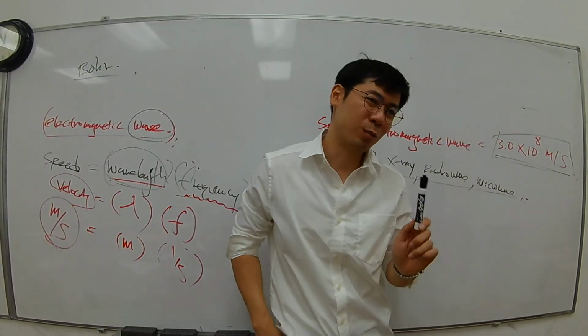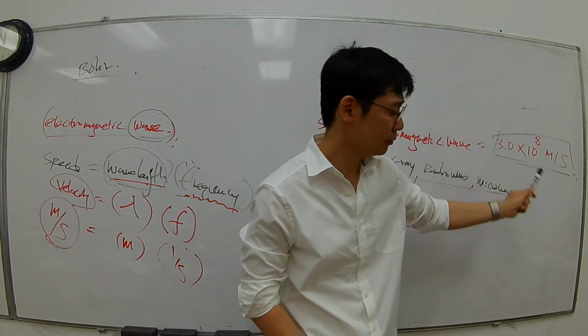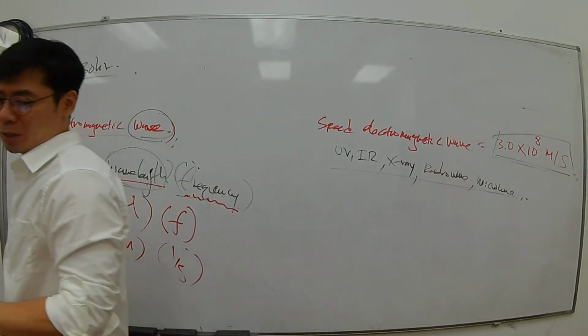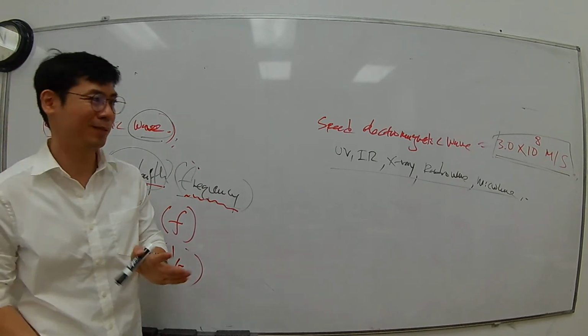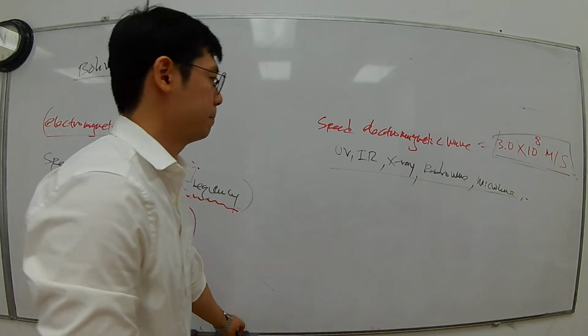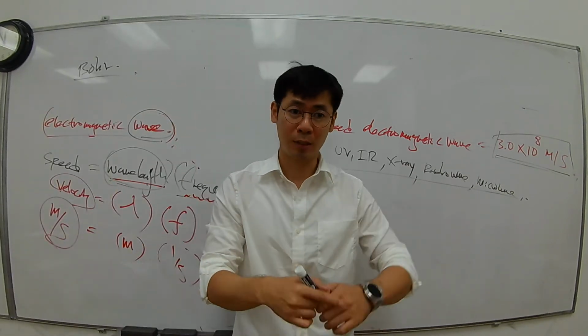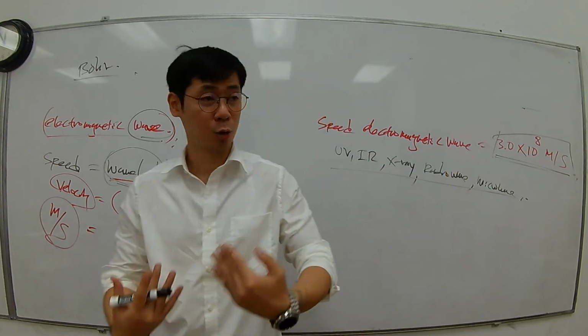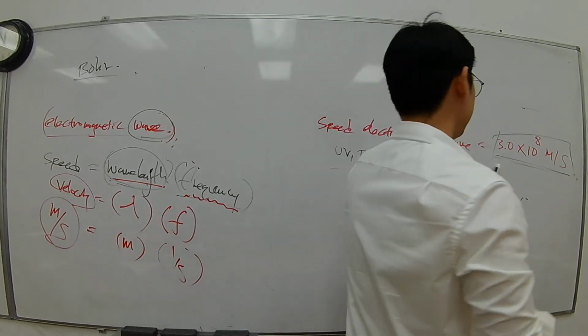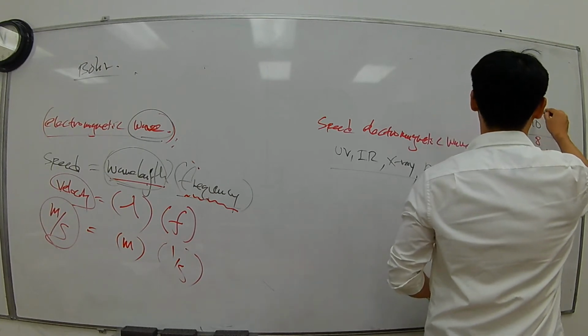So one thing to watch out for is this. You will learn this a little more in physics. So in AP chemistry, on the actual AP chem reference table, they say this as 2.99 times 10 to the 8.